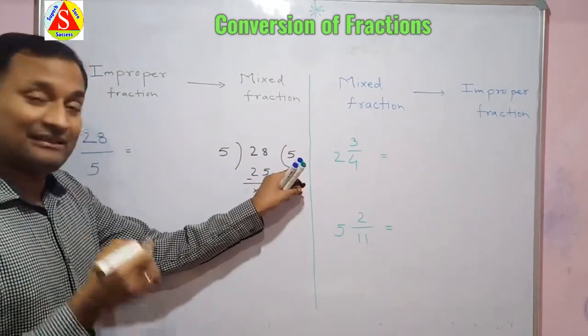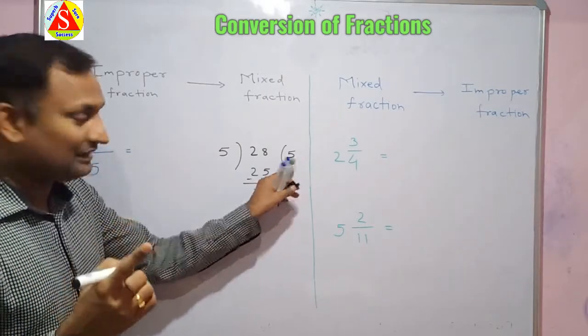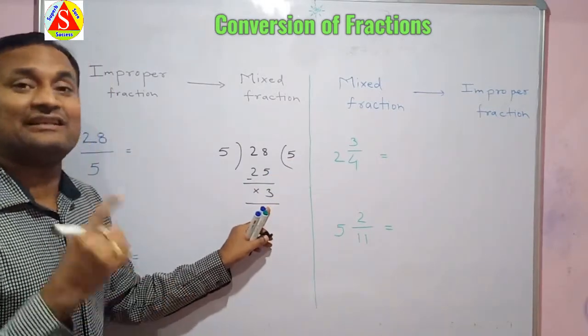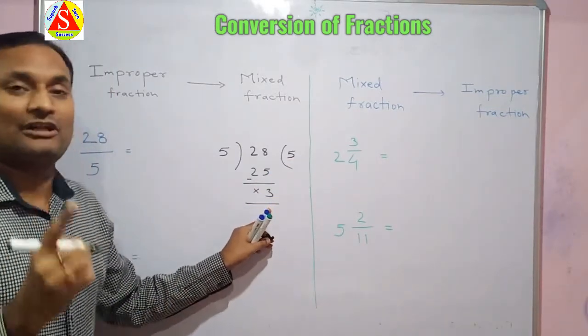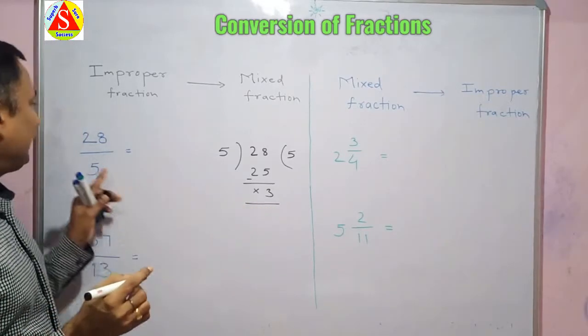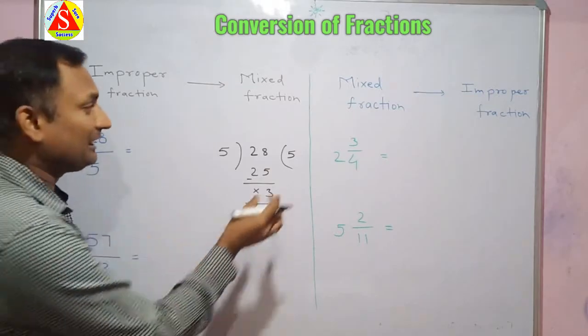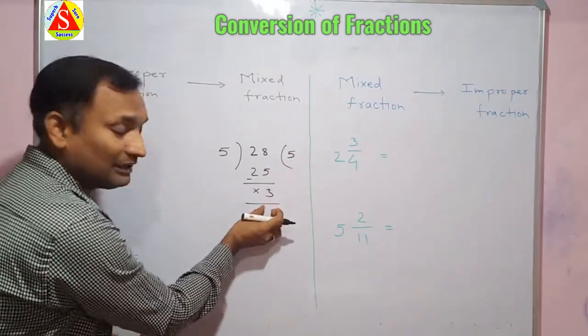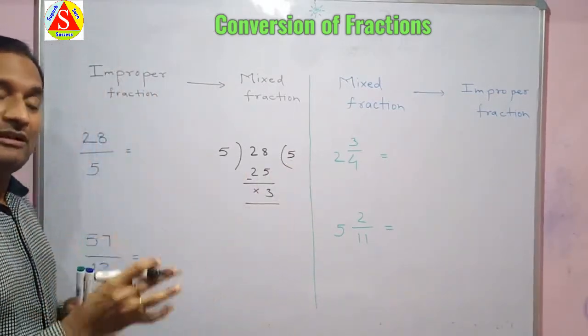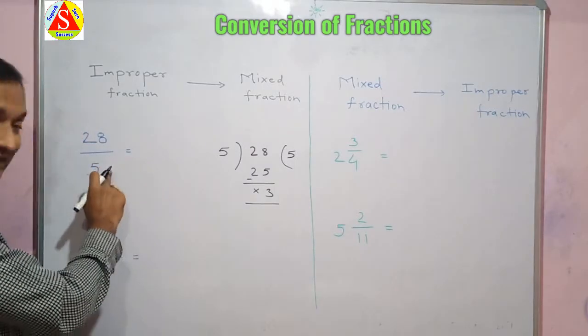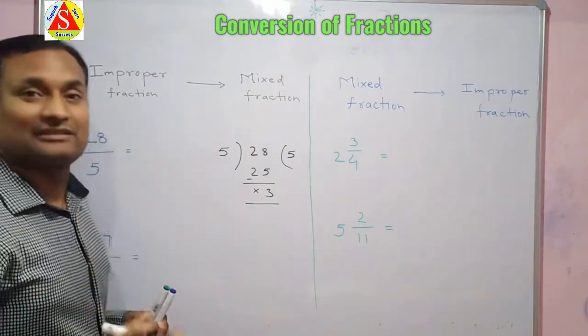Here 5 is known as the quotient and 3 is the remainder. So now we have divided 28 by 5, and we have one quotient term and one remainder term. Now we are going to write it in mixed fraction form.